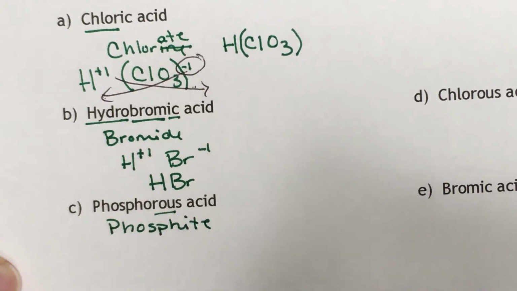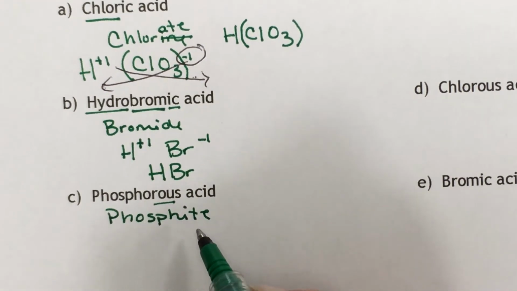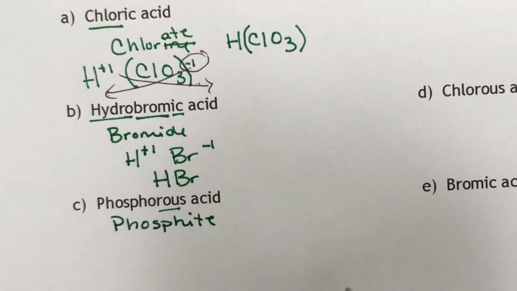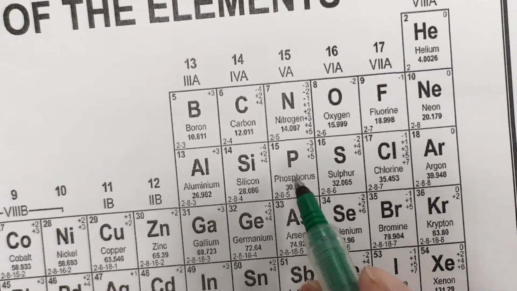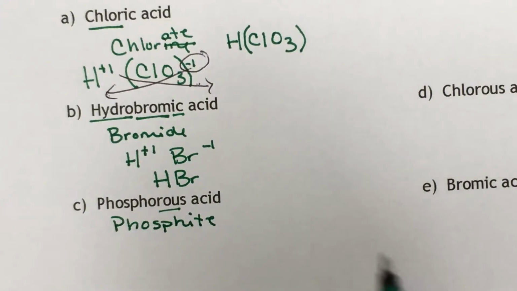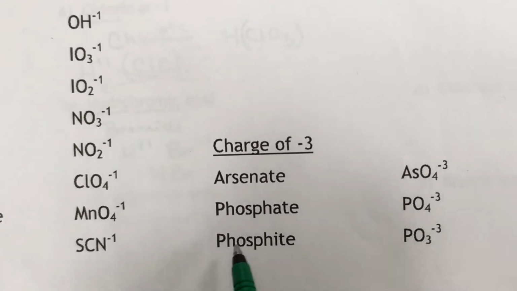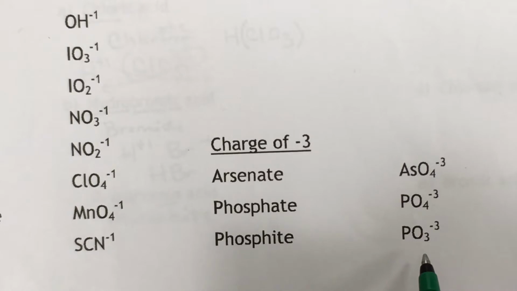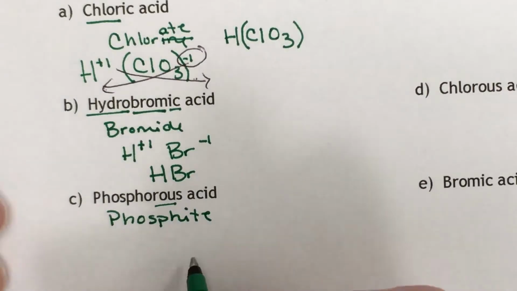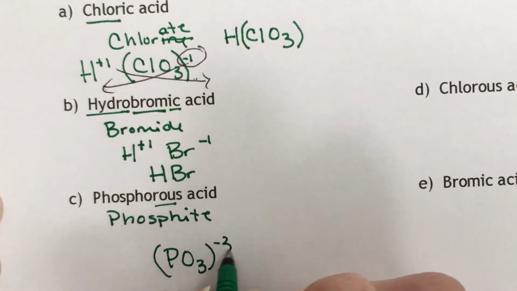ITE is not on the periodic table. If it was phosphide, it would be on the periodic table, but it's not. It's phosphite. So we need to look here on our polyatomic ions list: phosphite, PO3 -3. So we know that it was PO3 -3.